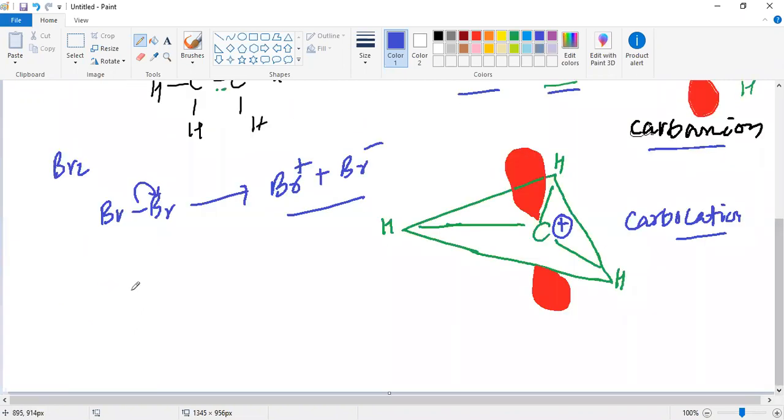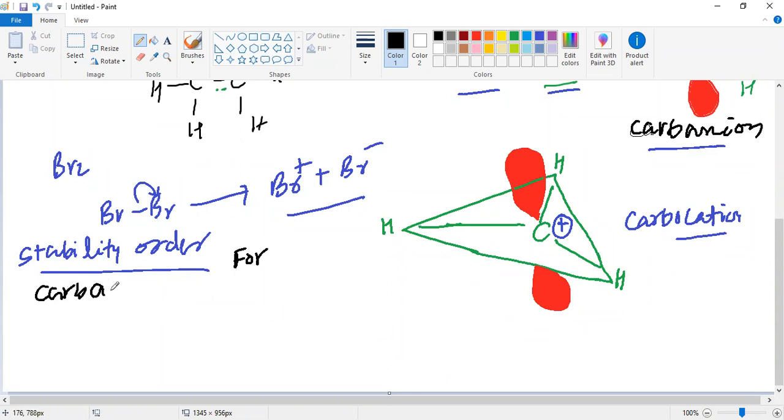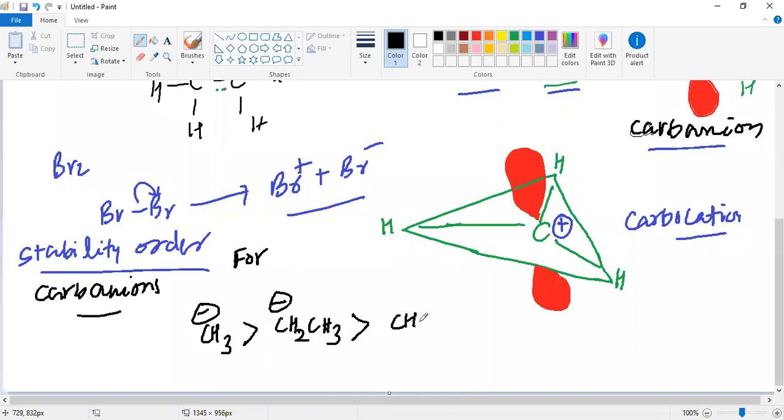Now, if you want to write the stability order for carbanions, my dear students, we may write that CH3 minus is more stable than CH2CH3 minus. This is more stable than (CH3)2CH minus, and this is more stable than (CH3)3C minus.